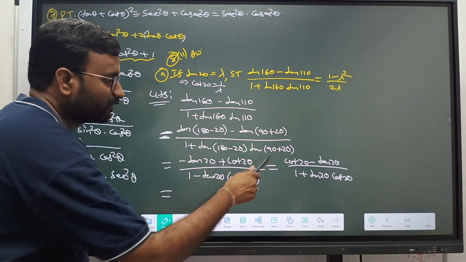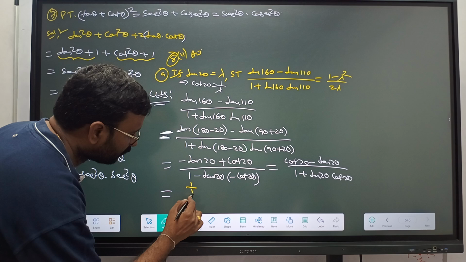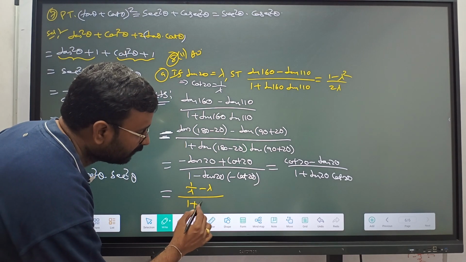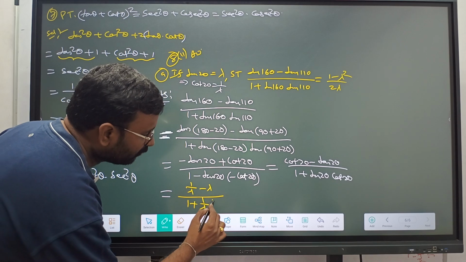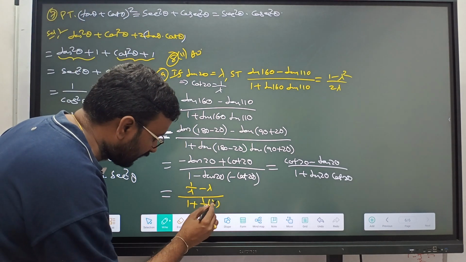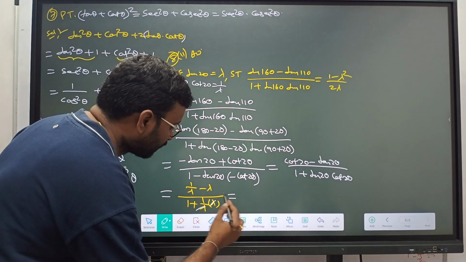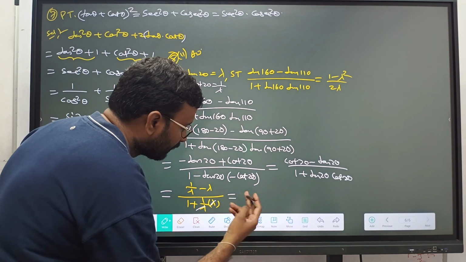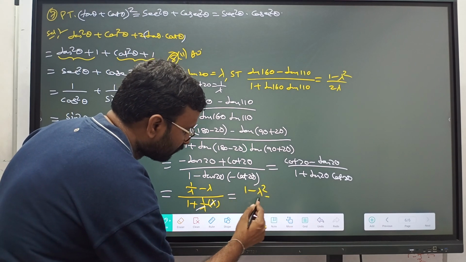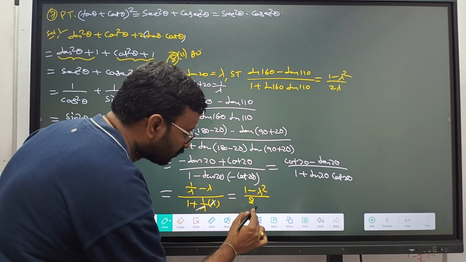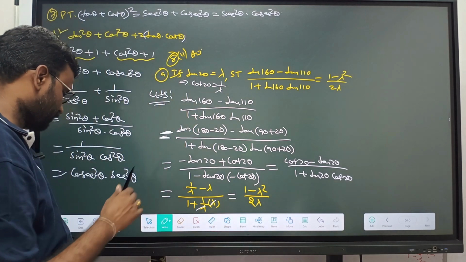Cot 20 is 1 by lambda. So 1 by lambda minus lambda over 1 plus 1 by lambda into lambda. The denominator is 2. Numerator LCM lambda: 1 minus lambda square by lambda. So the answer is (1 minus lambda square) by 2 lambda. Hence proved.